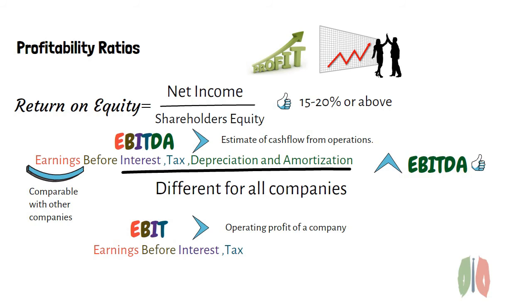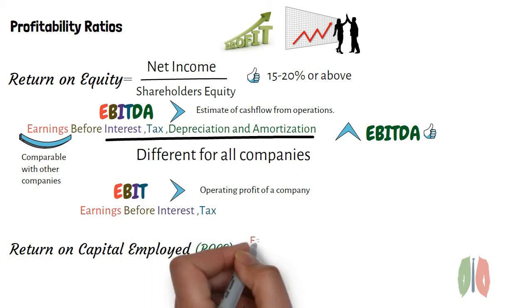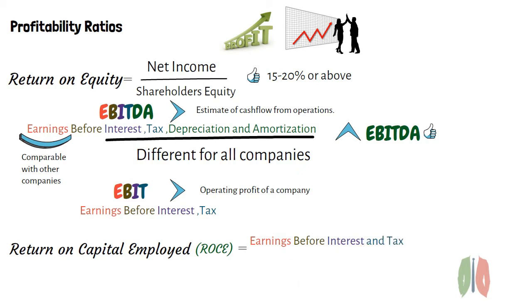So the next one, ROCE, which is return on capital employed, which is equal to earnings before interest and tax divided by capital employed. This ratio tells us how much return it is getting with respect to its capital. So when a company is generating profits, it will be either reinvesting in the company or paying dividends.